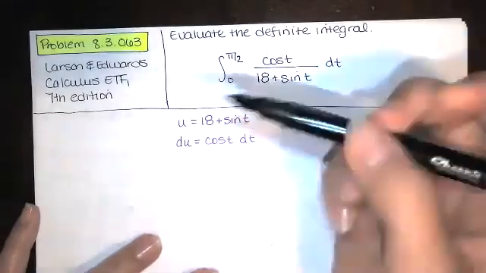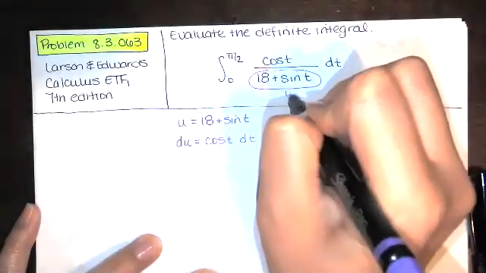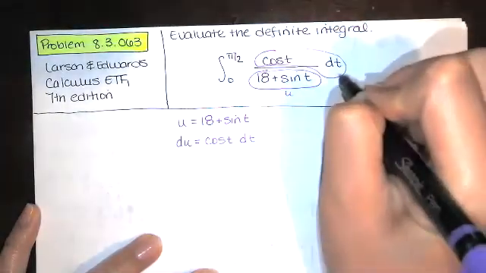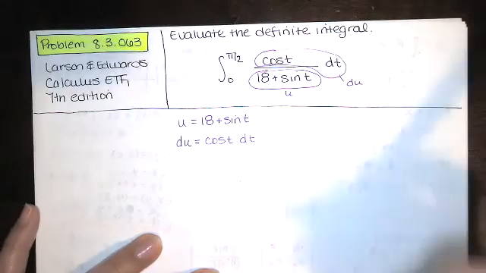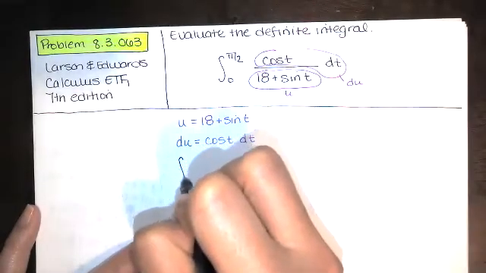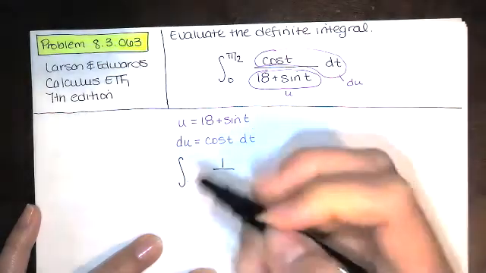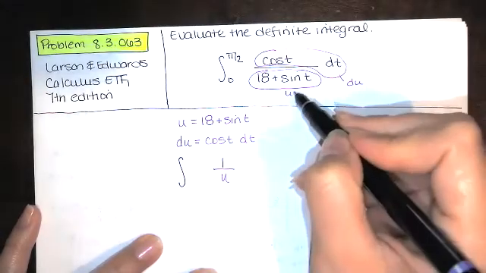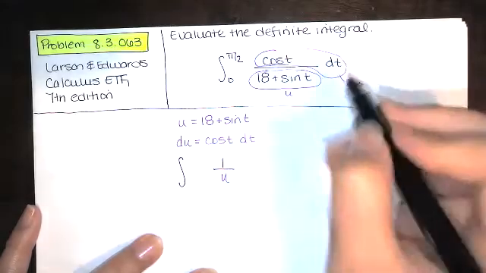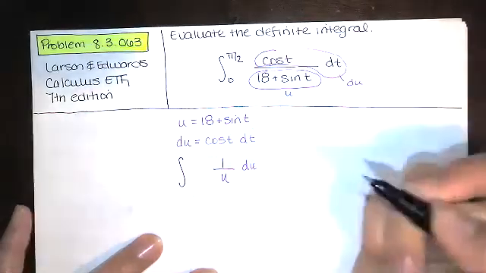So we've chosen our u, and then this is du, and we end up with an integral that looks like this. We've got 1 over u, because that u is in the denominator, and cosine of t dt is du.